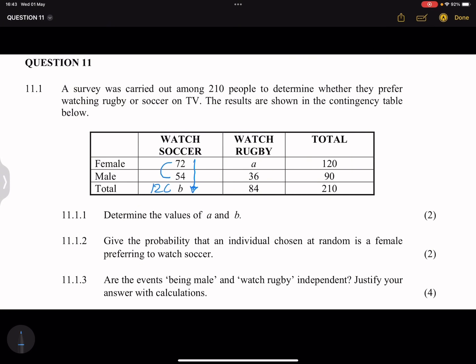That's 126. Okay. And then to get the value of A, again, we can look horizontally this time around, that if I take the number of females, it's split across the ones that watch soccer and the others that watch rugby. So 72 plus A should give us 120, right?